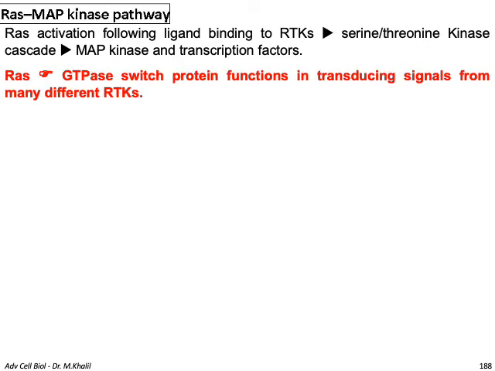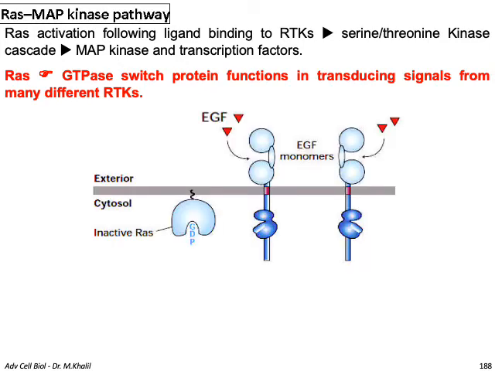So RAS is a GTPase switch protein, as we said in the last lecture. It functions in transducing signals from many different RTKs. Here we'll take for example the EGF receptor. It waits for the signal of the EGF molecule, the ligand, so it is still in a monomer state because it's inactive.